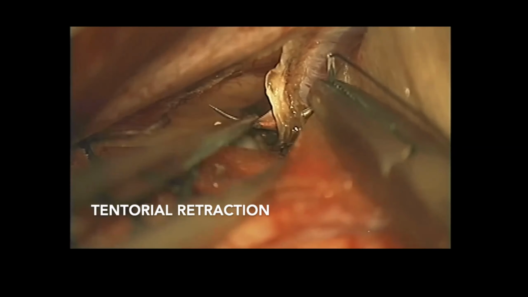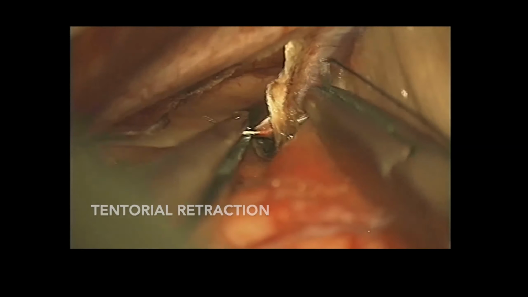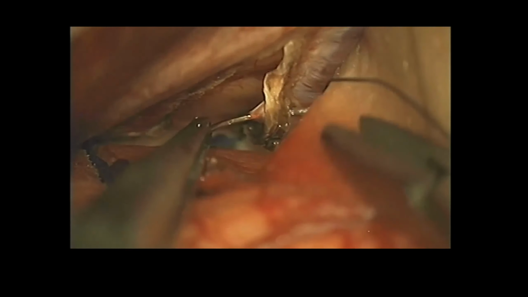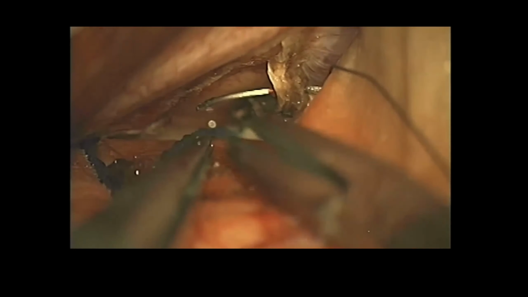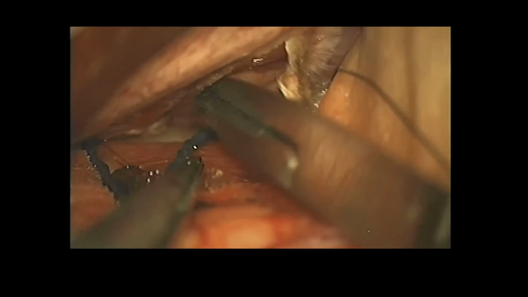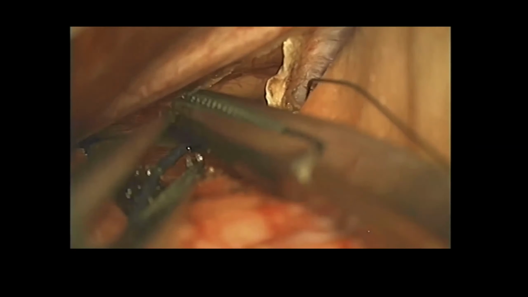You can, in general, place 1 or 2 on either side of the leaflet. In this case, I only put 1 on the anterior lateral leaflet, and I retracted it down. Important, of course, to protect the cerebellum with Telfa patties while retracting it with the 4-0 Neurolon stitch.